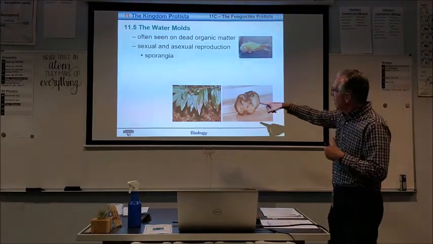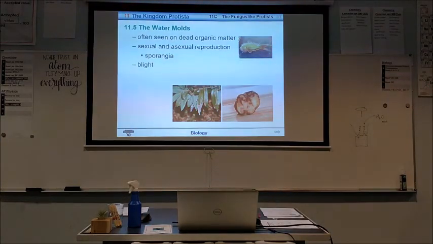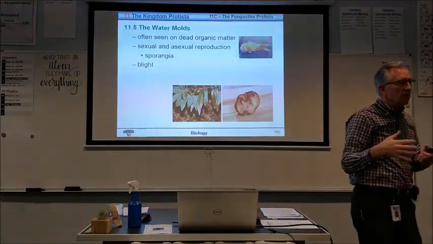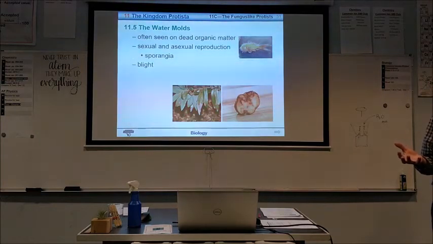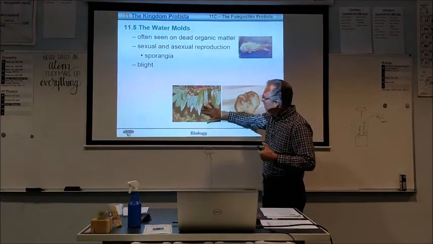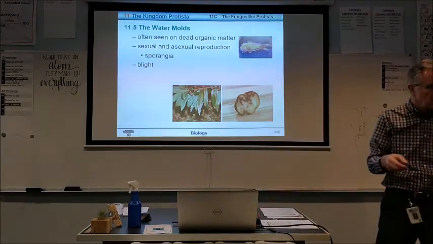Down here on the bottom, we have blighted leaves, we would say that. This often happens, if you think about water molds, they need something that's pretty wet. So sometimes during some years, maybe we have a very wet spring, and it causes the perfect conditions for a blight to form on the leaves of the trees.